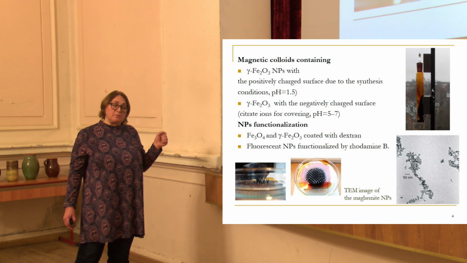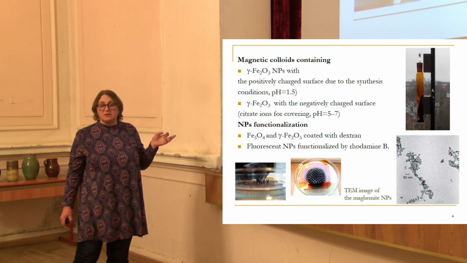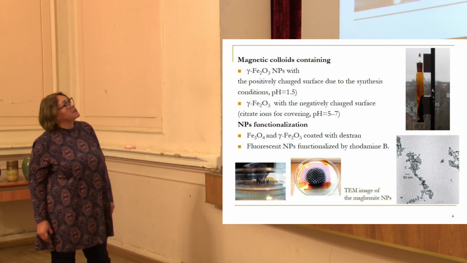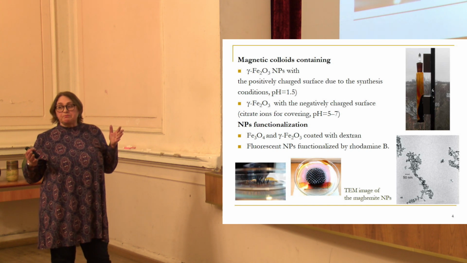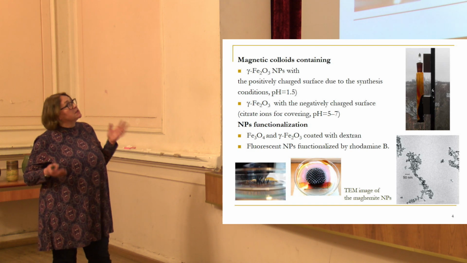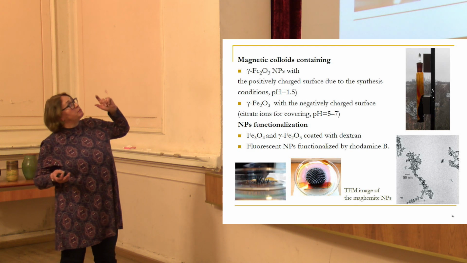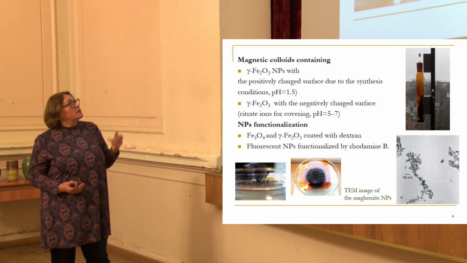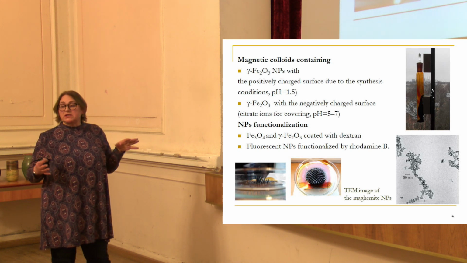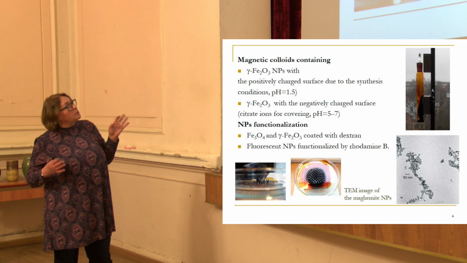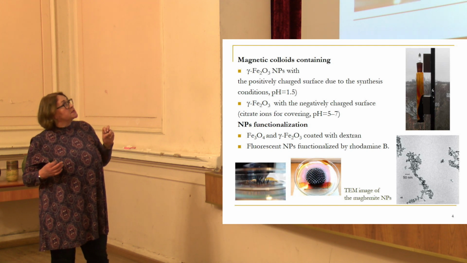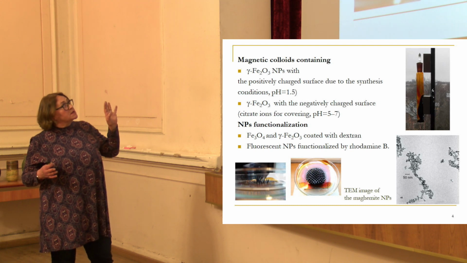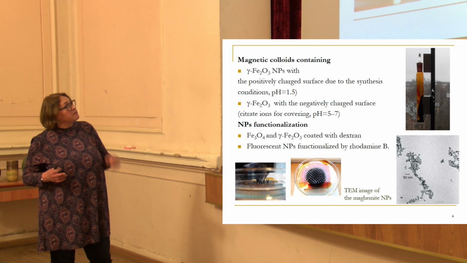For synthesis, I applied the co-precipitation method, presented by Massart, and we can obtain maghemite nanoparticles with positively charged surface, and maghemite nanoparticles with coating, with negatively charged surfaces, due to citrate ions covering.